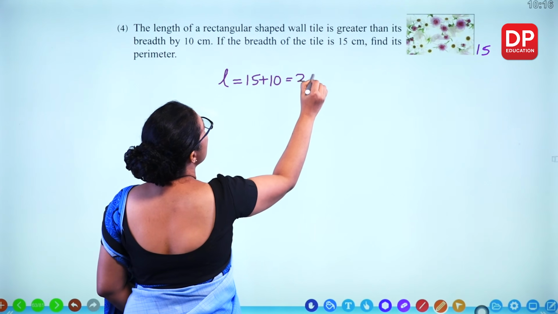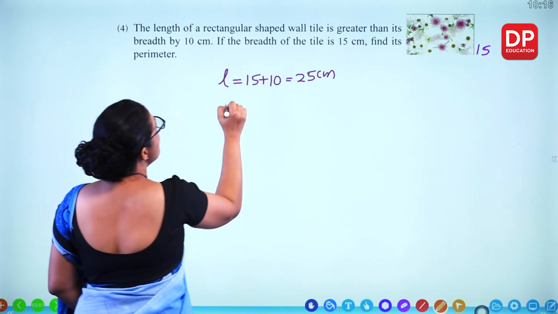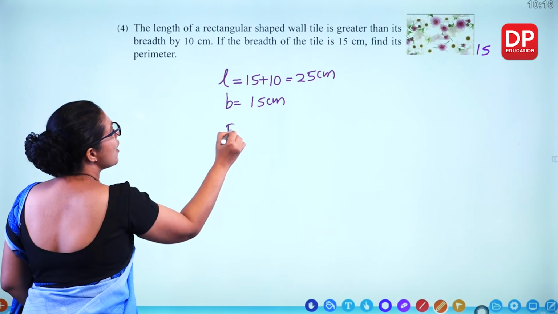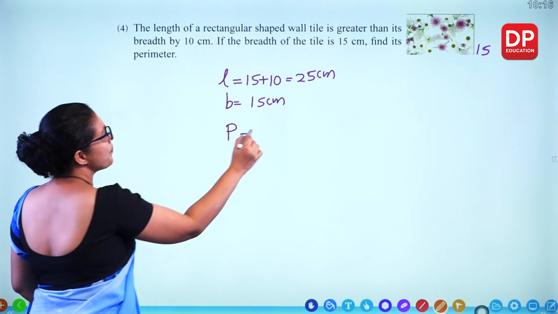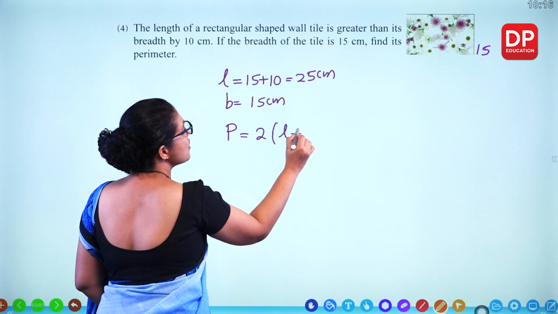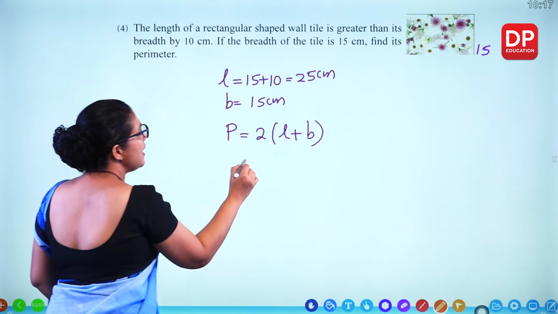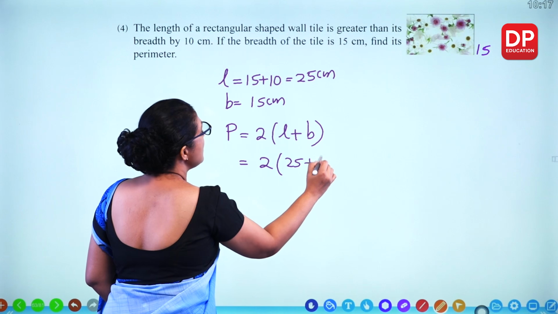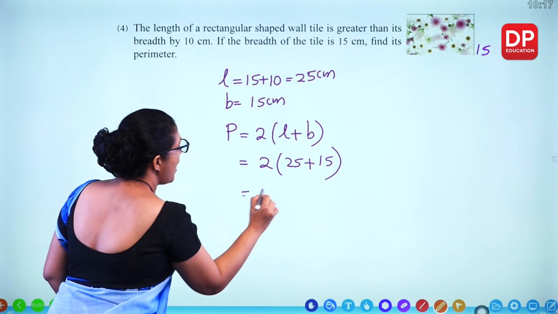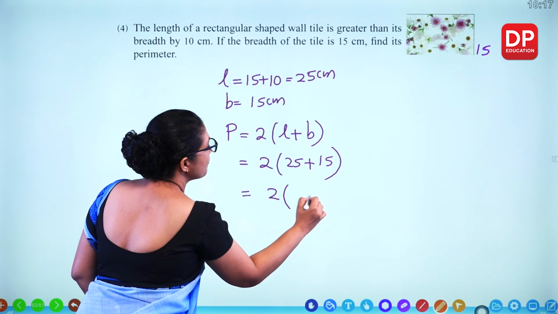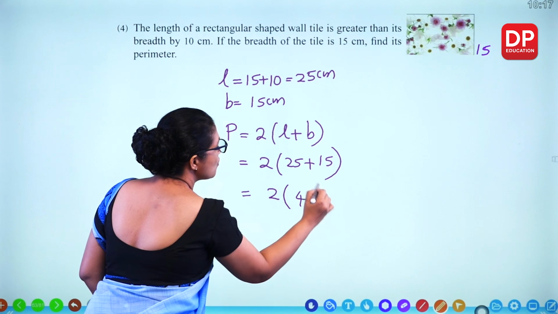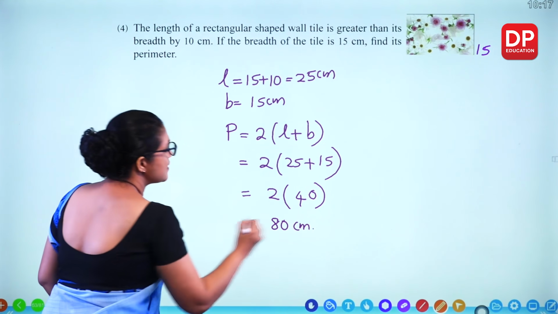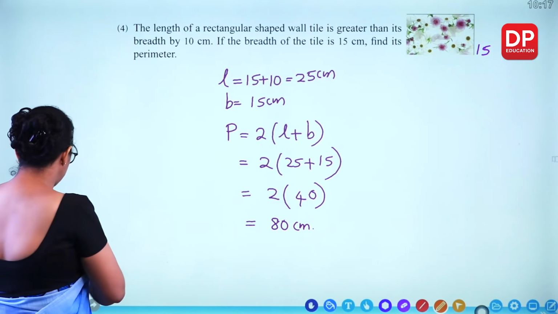That's 25 centimeters. Breadth is given as 15 centimeters and you are asked to find the perimeter. So formula is 2 times (L plus B). L is 25, B is 15. When you add it together, 2 times 40, 80 centimeters is the perimeter.